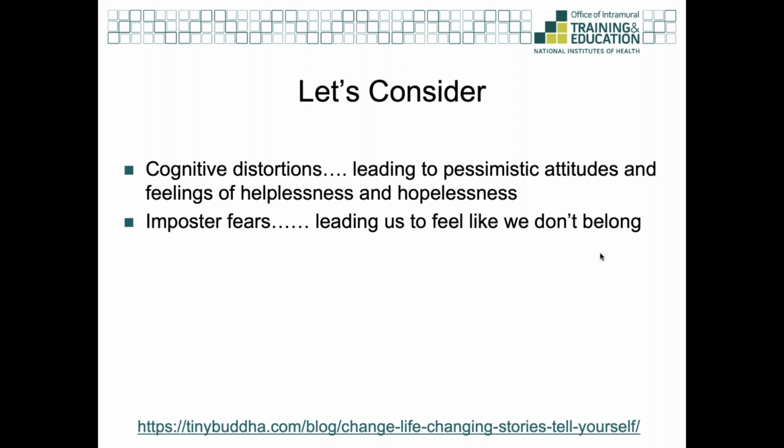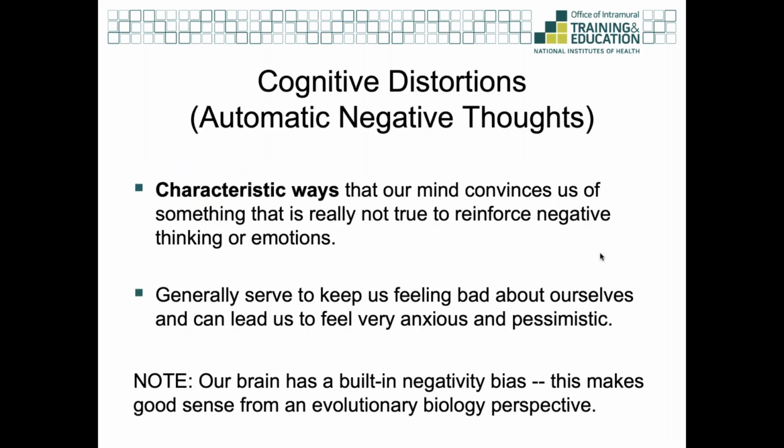A big part of resilience is people. It's being a part of a community, engaging with those people, and being able to reach out when things are tough. So if we feel imposter fears and they lead us to feel like we don't belong, then we tend not to reach out, or we hang back in groups. Understanding both of these is really important in terms of developing our resilience.